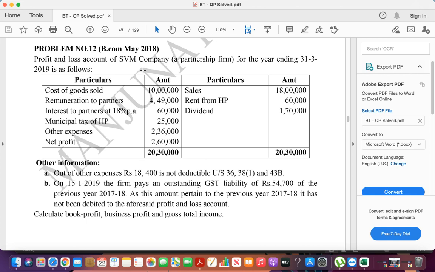Next, remuneration to partners, 4 lakhs 49,000. Next, interest to partners at 18% per annum, 60,000.